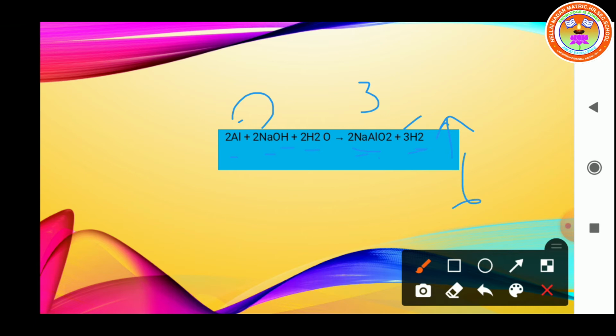So how can we balance? Shall I put 2? It becomes 4. If you put 2 here, it becomes 2. So 2 plus 4 is equal to 6. So hydrogen is balanced now. Before that, put sodium 2, so now aluminium is also 2. So put aluminium 2. Okay, the reaction is balanced.